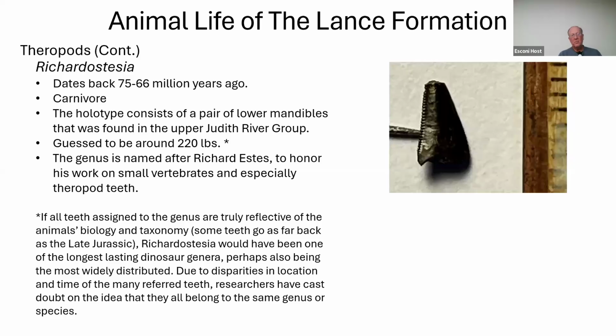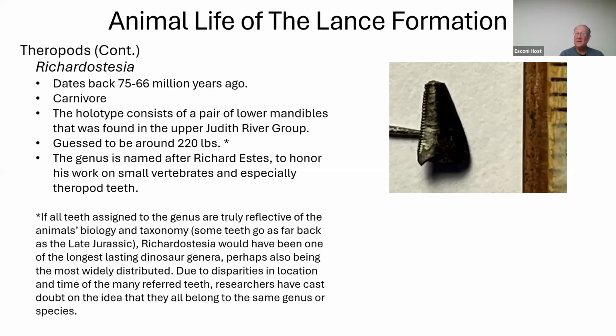Next theropod is Richardoestesia. It has a very long history. They believe this species or the genus has existed since the late Jurassic. The holotype consists of a pair of lower mandibles that was found in the upper Judith River group.